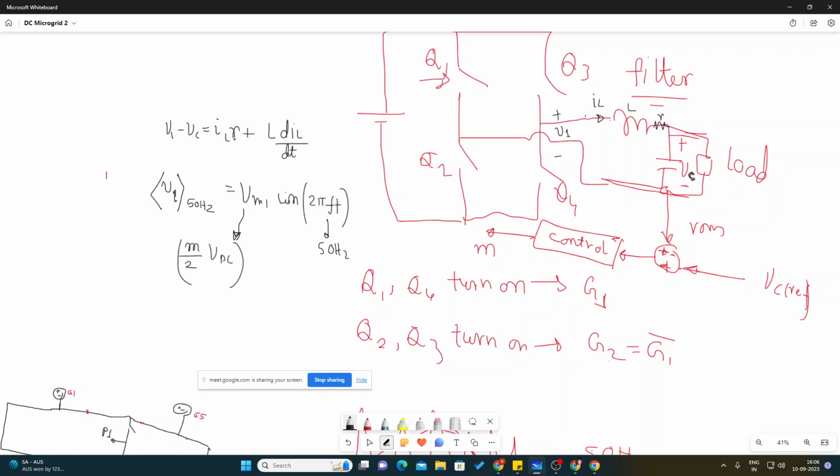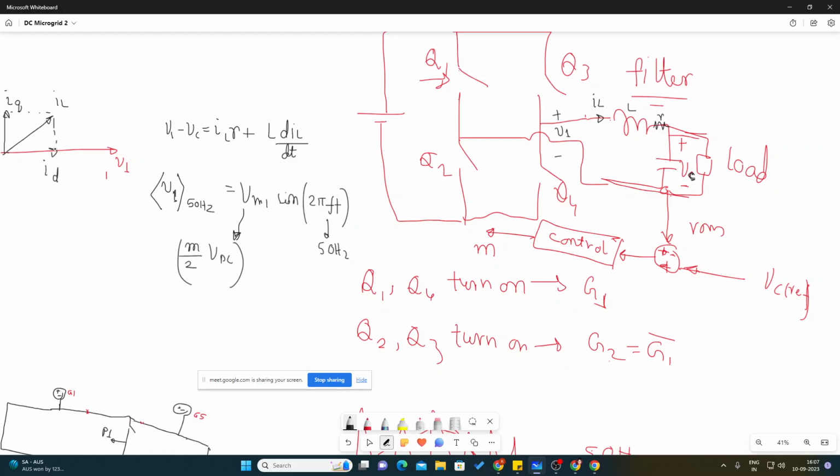Now can we ensure that IL is also in phase with V1? We cannot, right? Because we do not know the load. So we cannot ensure that IL will be in phase with V1. So let us consider in terms of phasors. If this is V1 and this is my IL, this is my ID and this is my IQ.